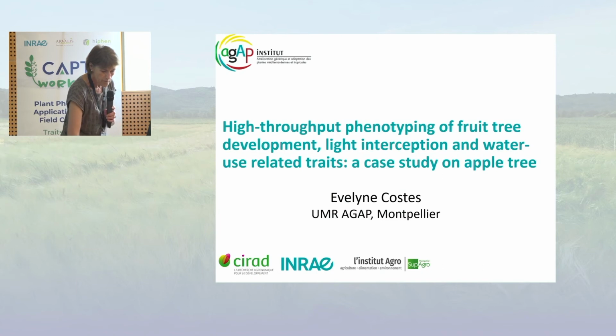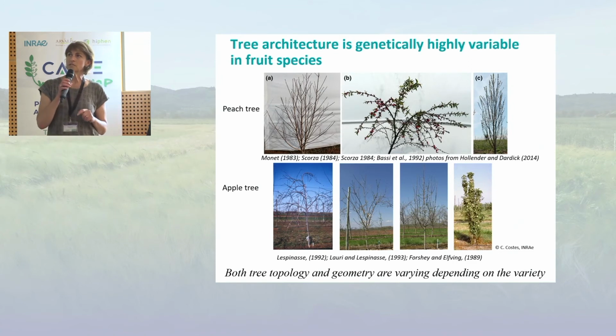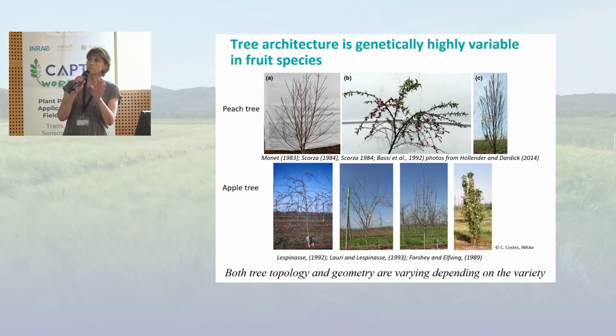I come from a GAP unit, which is in Montpellier. The first motivation for this study was the genetic variability of tree shape, of tree architecture. I propose here two different illustrations, one for peach, one for apple.